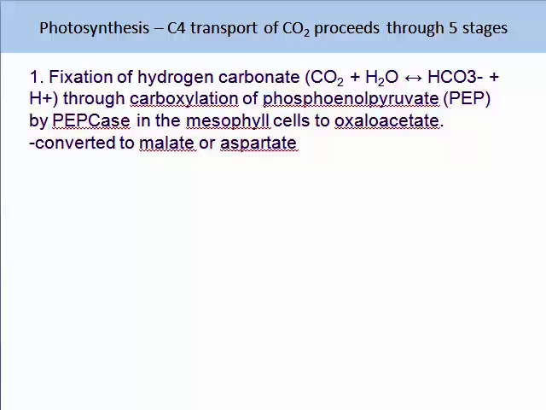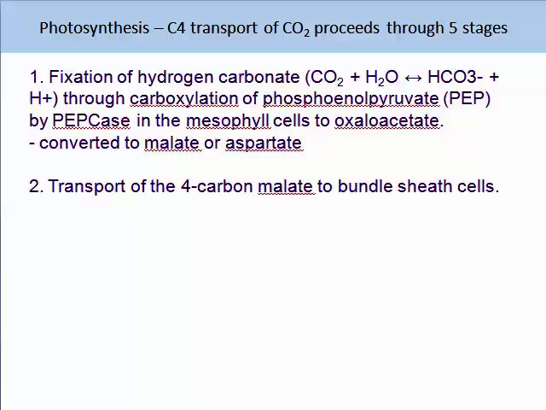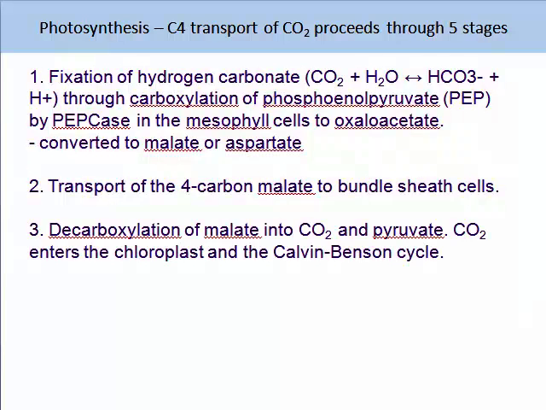So, the first stage is the fixation of hydrogen carbonate through carboxylation of PEP by PEPC in the mesophyll cells. This converts the substance into oxaloacetate. This enables the conversion to malate or aspartate. The second stage is the transport of the 4-carbon malate to the bundle sheath cells. Remember, the first part occurred in the mesophyll cells.